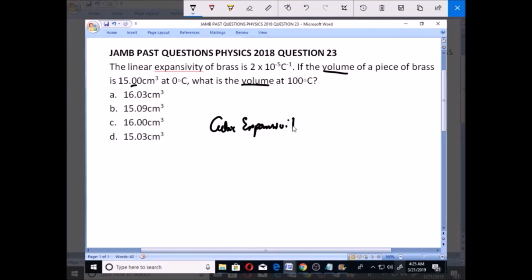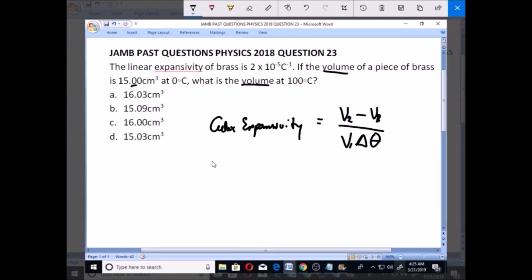And what is this expansivity in terms of volume? It is the change in volume, which is the final volume minus the initial volume, all over the initial volume. The initial volume is V1, the final volume is V2, all over V1 times the change in temperature.